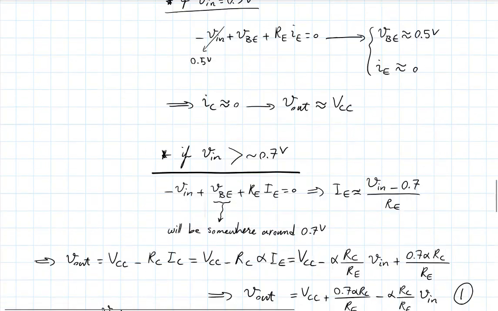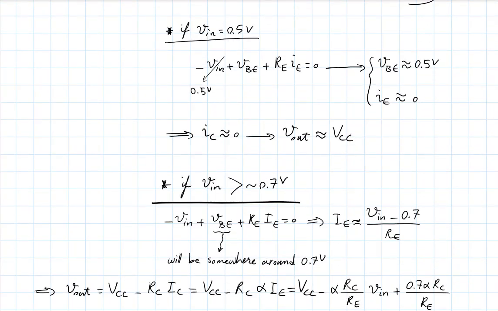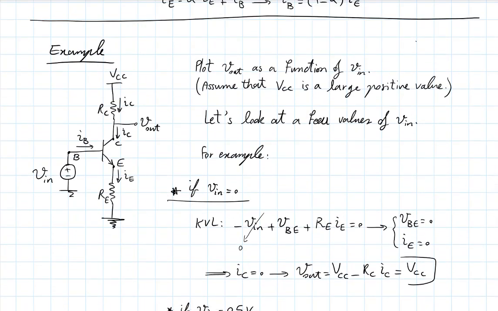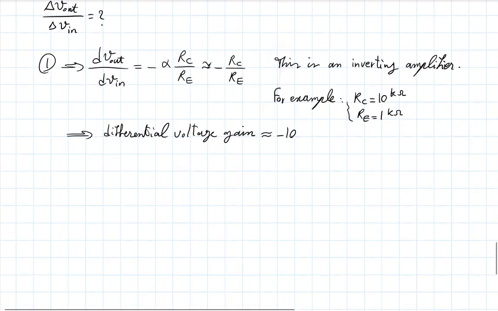I said once your input has surpassed 0.7 volts, beyond that you have a constant 0.7 volt on the base emitter part, and any increase in the input will appear on this RE. That's not entirely accurate, of course, because as you keep increasing the input, the voltage across this diode will go from 0.7 to 0.71, 0.72. It will not stay fixed at 0.7, okay? Let's just remember that assumption.